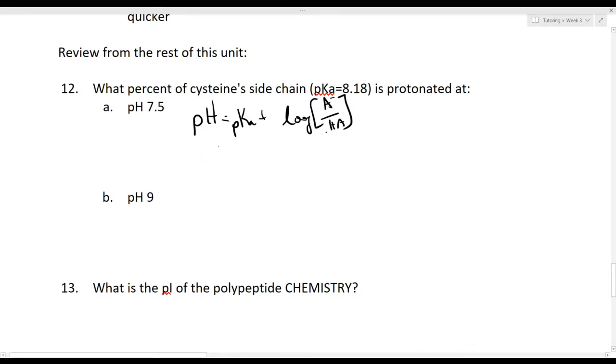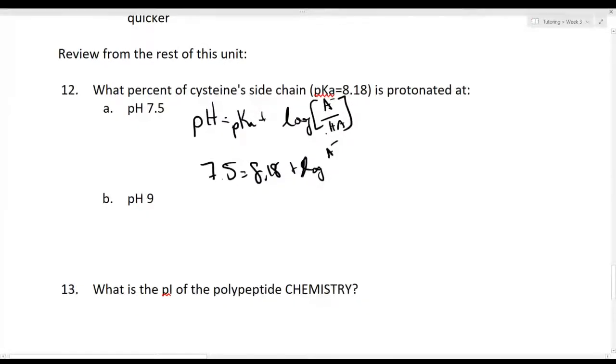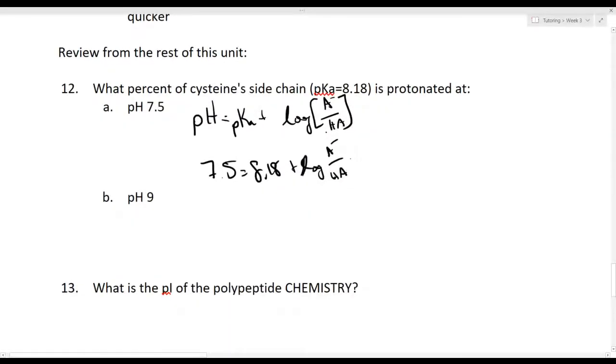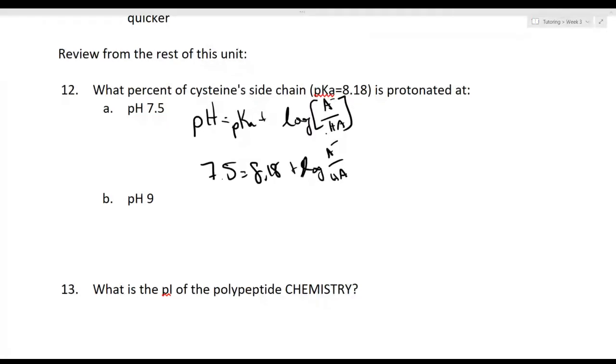So how would I approach this? I'm going to say 7.5 equals 8.18 plus log A minus over HA. Cleaning it up, I get negative 0.68 on the left equals the log of A minus over HA.